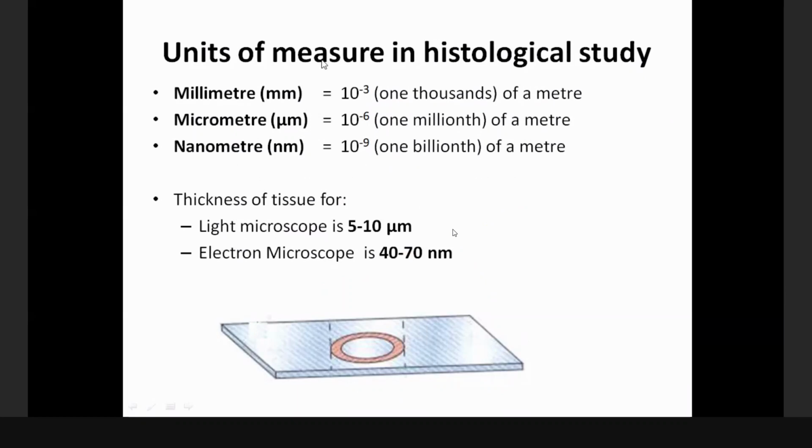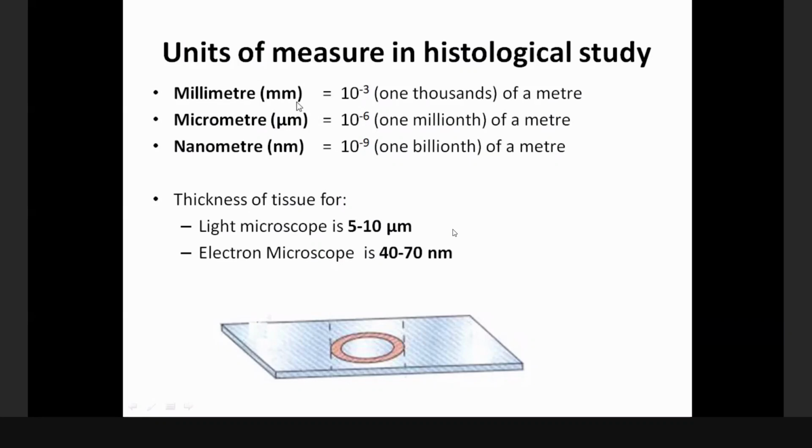Then, as I said earlier, we are going to deal with small detailed structures. For knowing the detailed structures, we have to be reminded of the units of measurement we use for such small objects. These are usually around millimeter, micrometer, and nanometer.